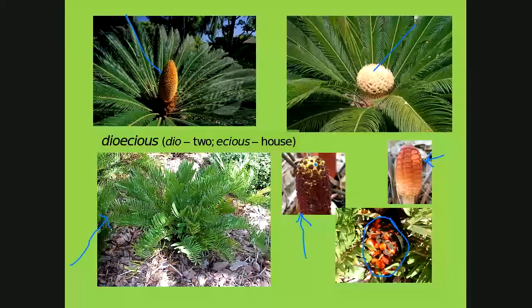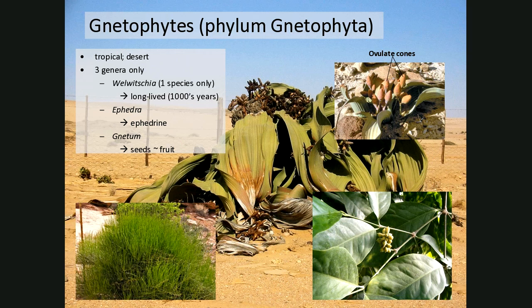All right, the other group is a group you may not be quite as familiar with, the gnetophytes. The gnetophytes, common in South Africa. Well, this is Welwitschia. There's only one species of it, lives thousands of years, and this plant always cracks me up because it looks like it's half dead anyway.